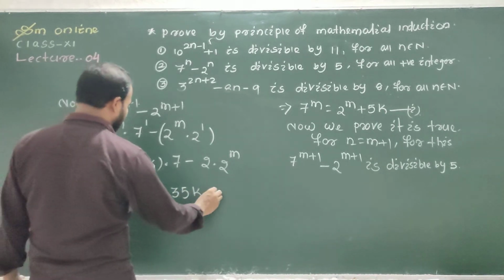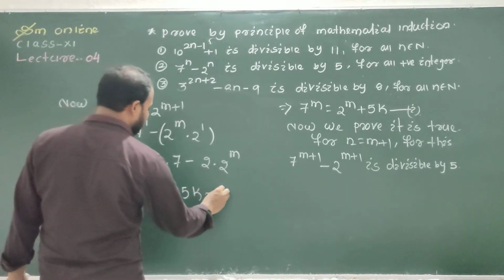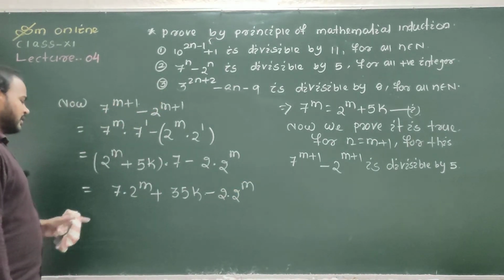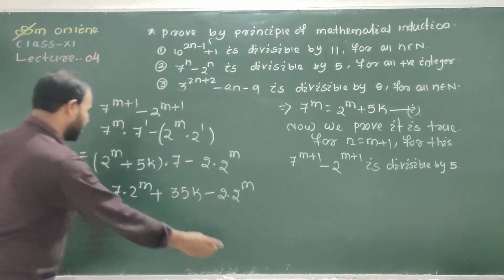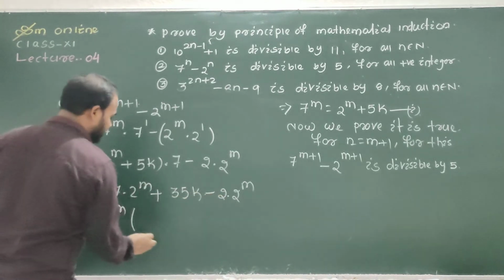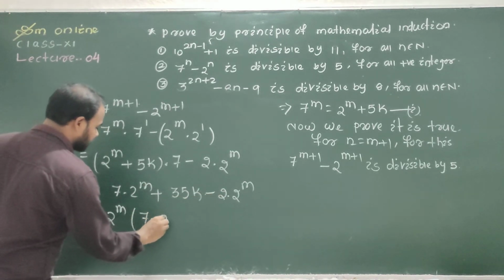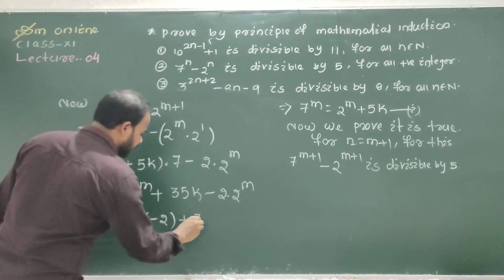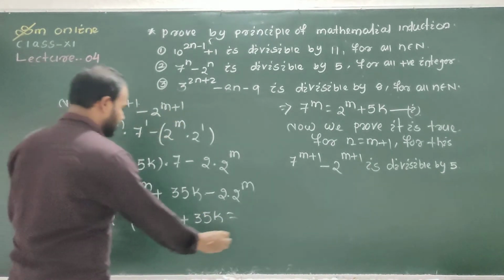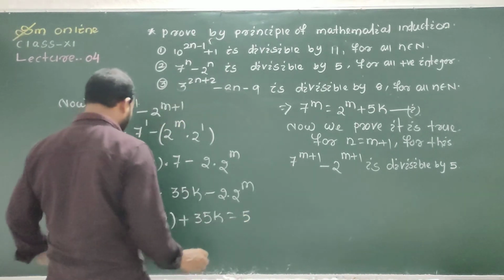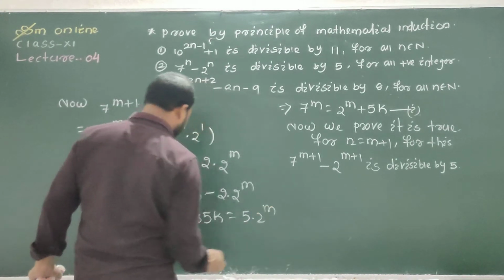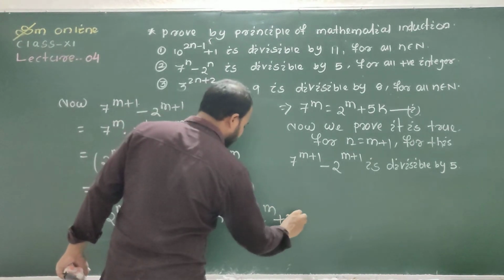Minus 2 into 2 to the power m. Now when I take 2 to the power m common, it becomes 7 minus 2 times 2 to the power m, plus 35k. And again this is equal to 5 into 2 to the power m plus 35k.